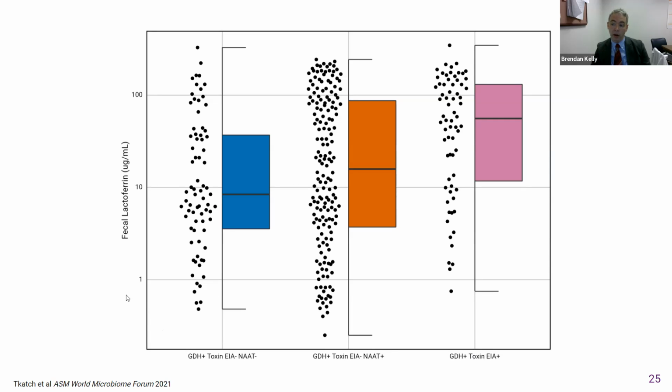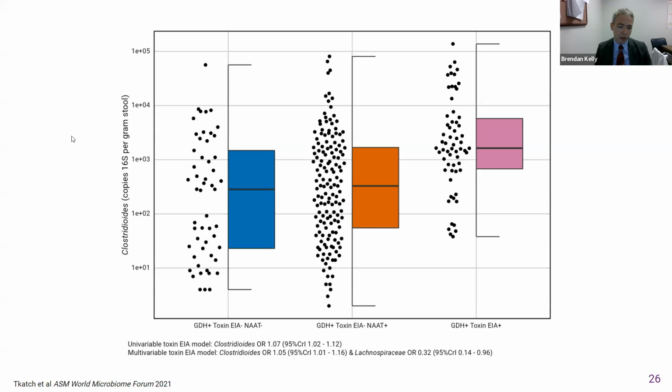So we're comparing people, all of whom have some clinical test indication of C. diff. But you see a discrepancy in the level of colonic inflammation measured by fecal lactoferrin, where you have the lowest median level, about 10 log micrograms per milliliter, versus NAT positive a bit higher, and then if toxin EIA is positive, a bit higher on the fecal lactoferrin. So this validates it as a measure of colonic inflammation.